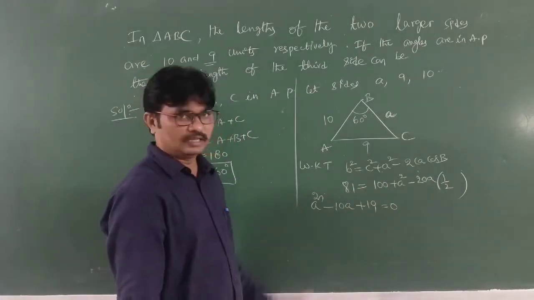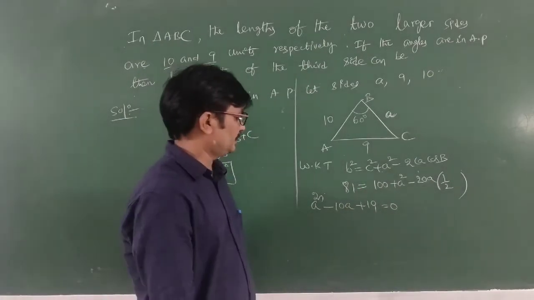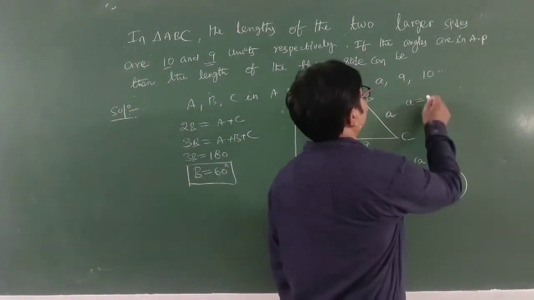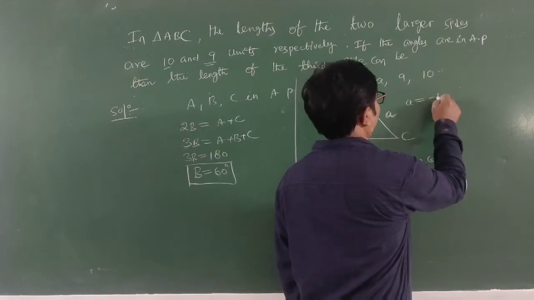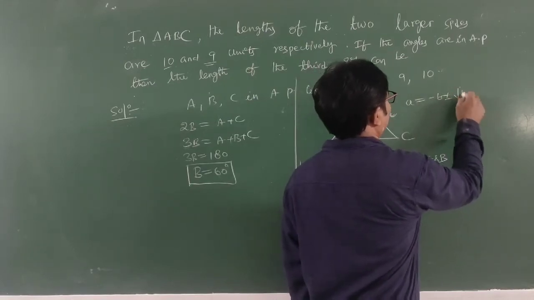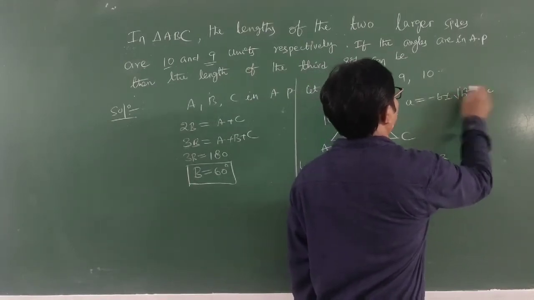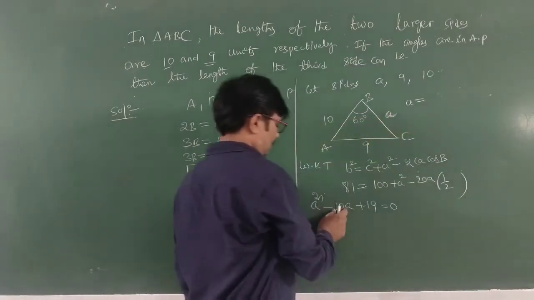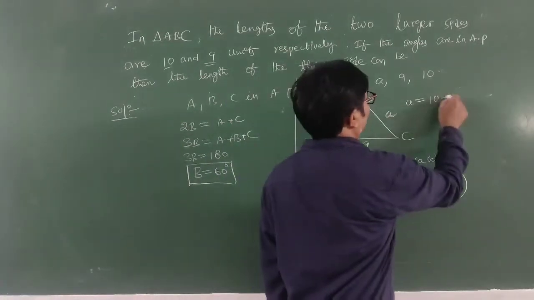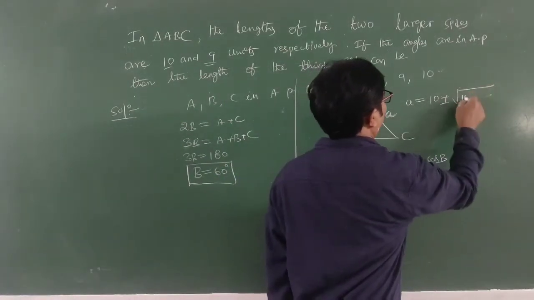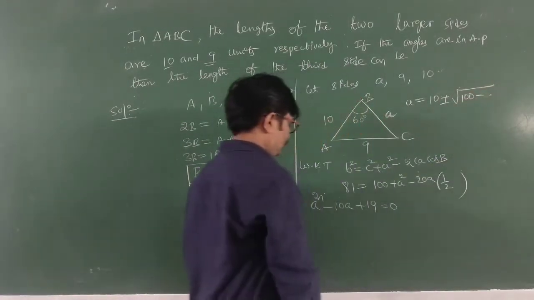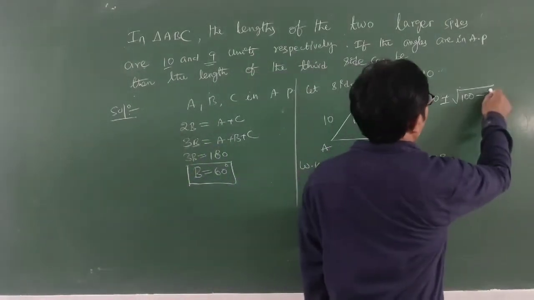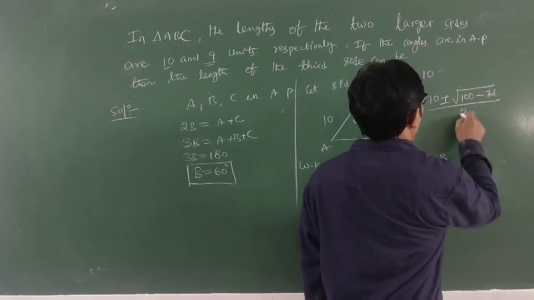Okay students, now we have to find the least side a equals minus b plus or minus root of b square minus 4ac by 2a. Minus b is 10, plus or minus root of b square minus 4ac, 4 into 19, that is 76, upon 2.